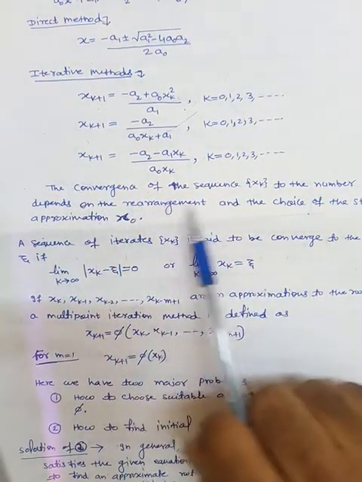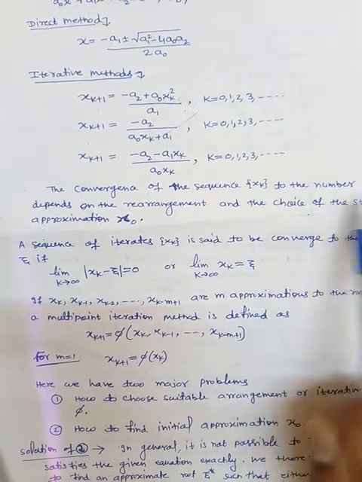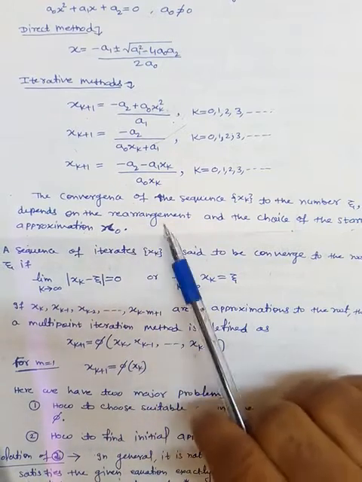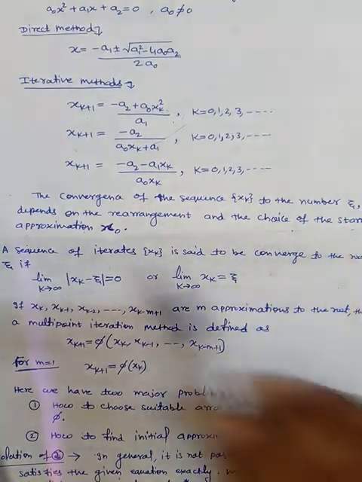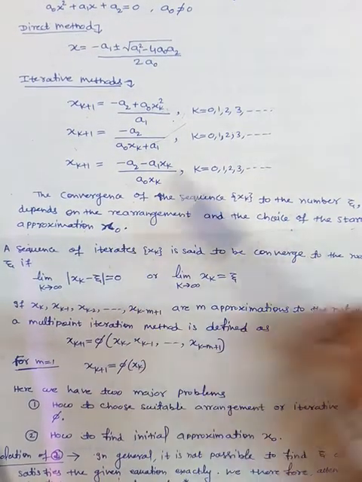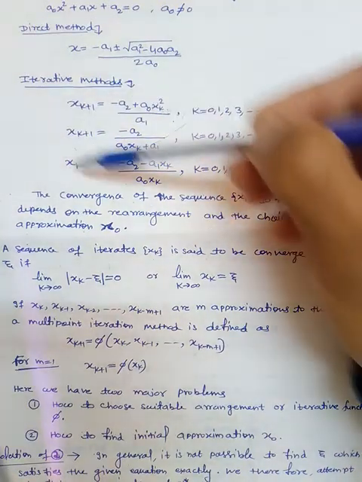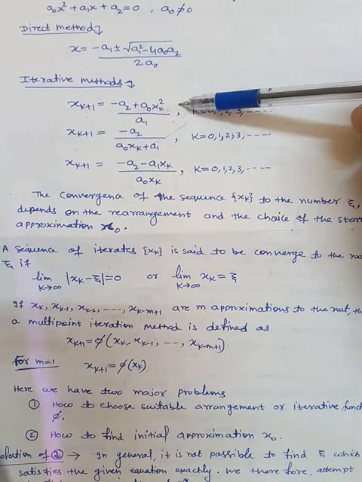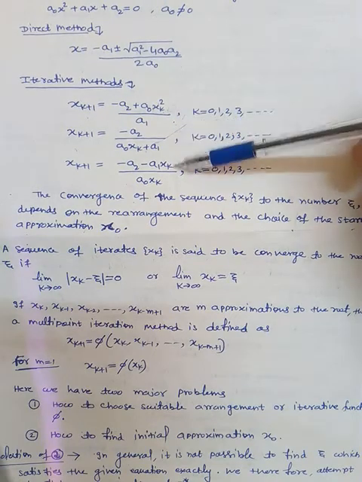So the convergence of the sequence xk to the number j depends on the rearrangement and the choice of the starting approximation x naught. मतलब आप कौन सा iteration formula ले रहे हैं. Rearrangement means whether you are opting first formula, second formula or third formula.